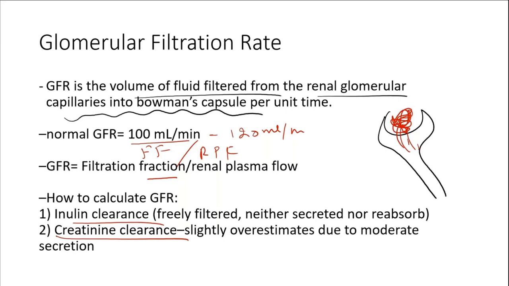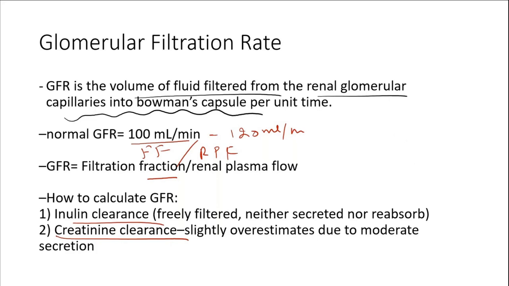Inulin clearance is most accurate because inulin is neither filtered nor reabsorbed nor secreted. Whatever is filtered will be excreted into the urine. If the function is normal, whatever you inject should come out because it is filtered completely, not reabsorbed, not secreted.